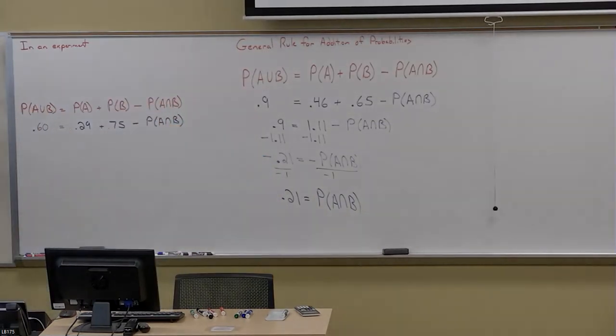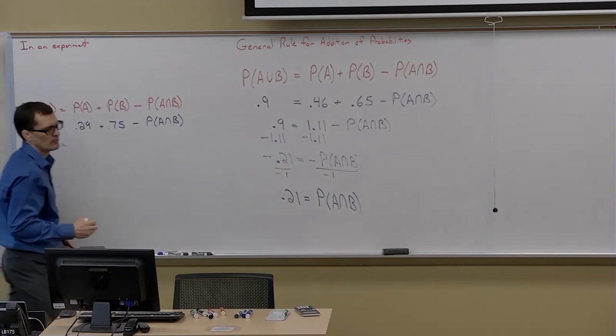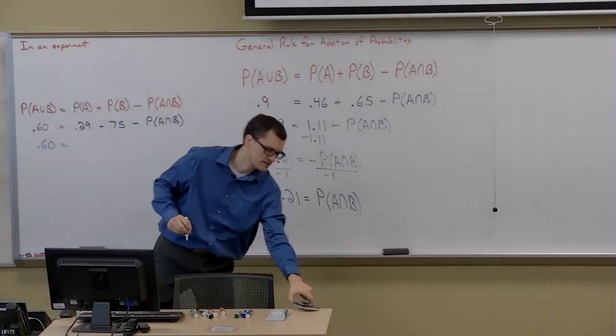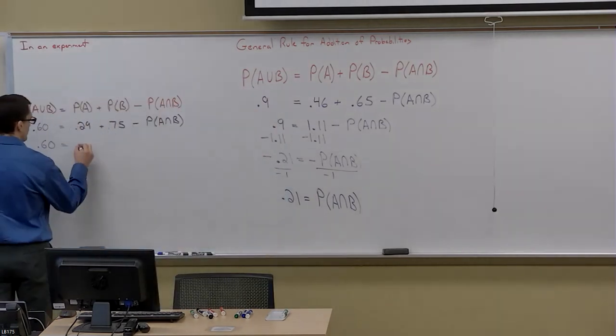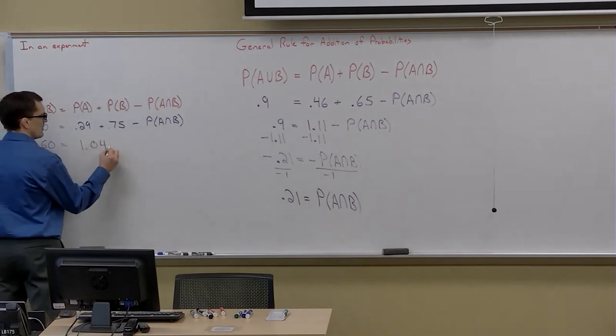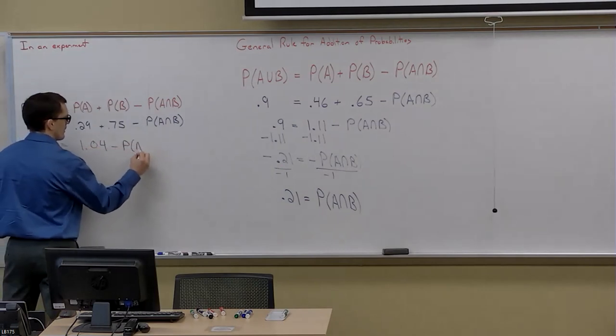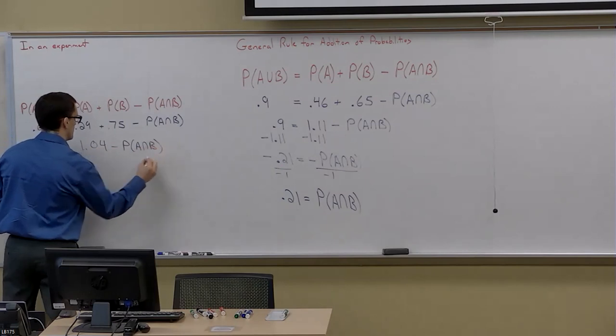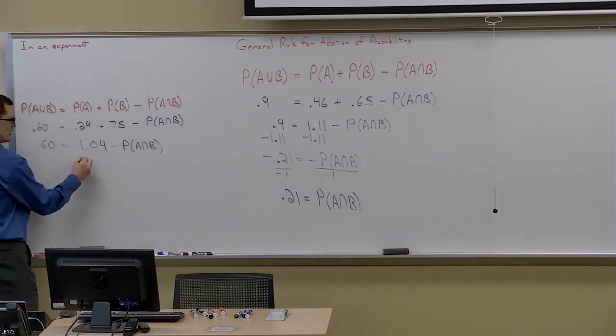Now, mathematically, this is all going to be just fine. We're going to put this in. We're going to get 0.29 plus 0.75, that's 1.04. We're going to subtract 1.04 from both sides.